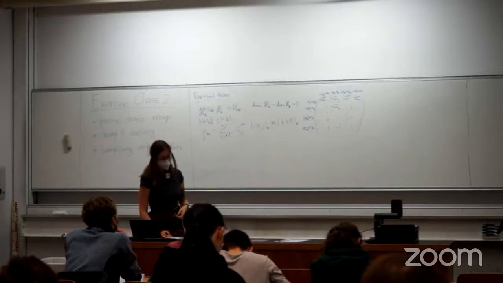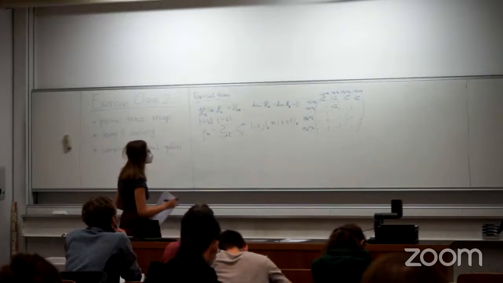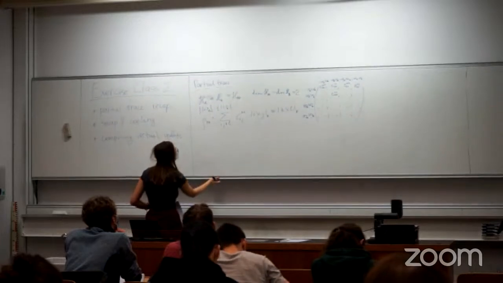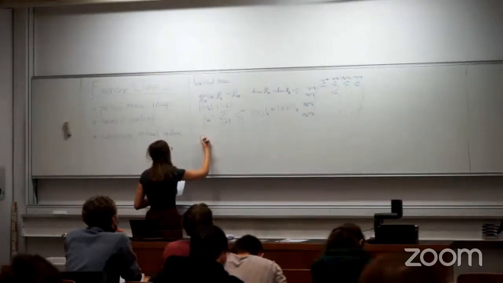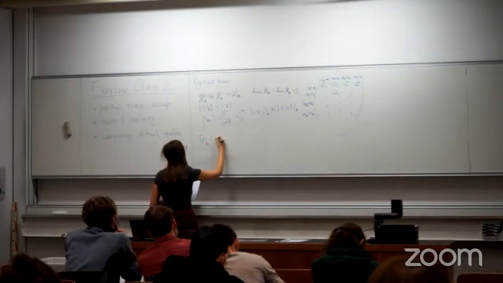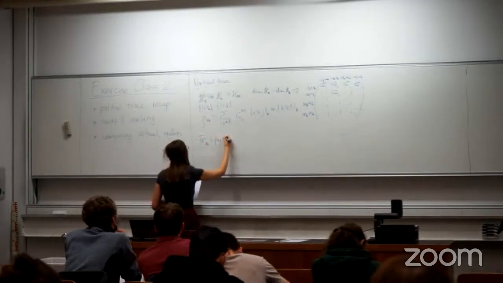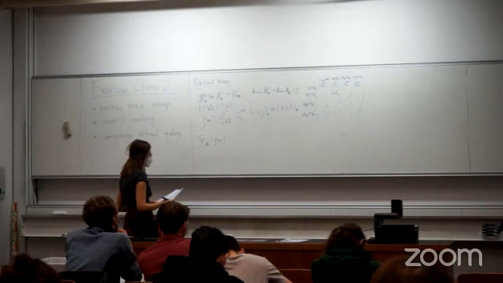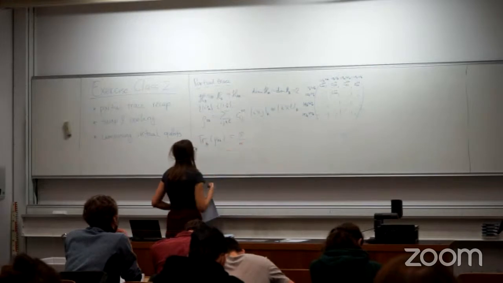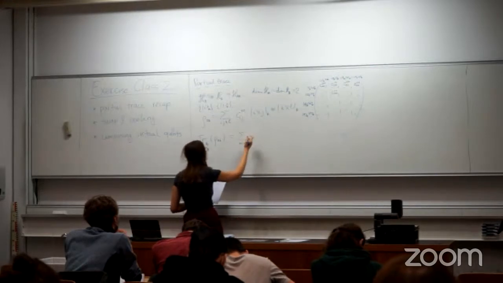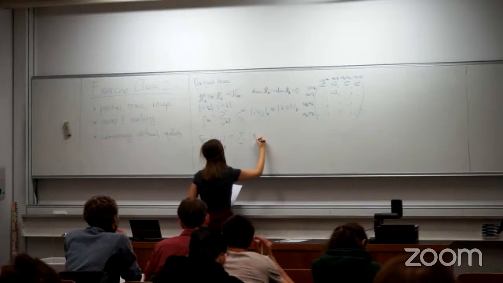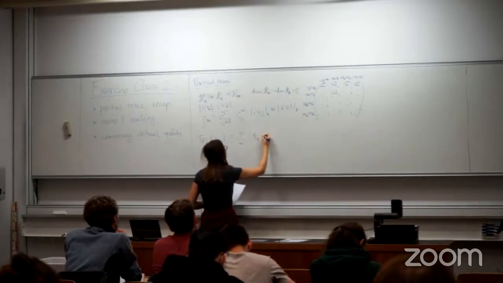Okay, so now let us see what happens if we trace out the system B. We trace out the second system. Per definition, we just calculate the sum over m of the following.